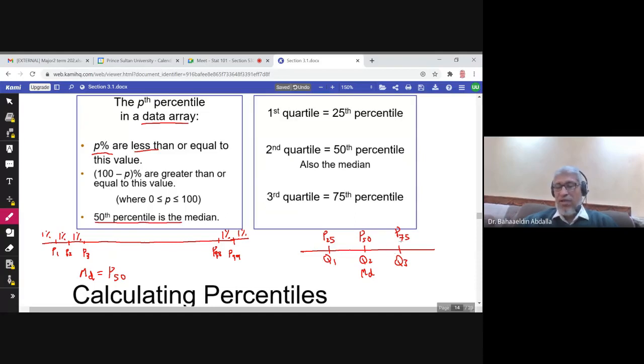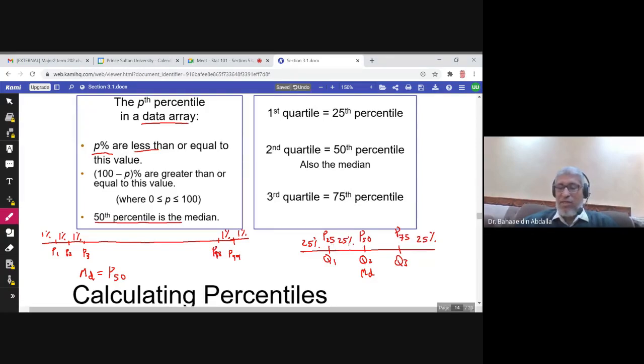So what is the definition of the 75th percentile? 75% of the data lies to the left and 25% lies to the right. What is the definition of the 25th percentile? 25% lies to the left and 75% lies to the right. What is the definition of the 50th percentile? 50% lies to the left.